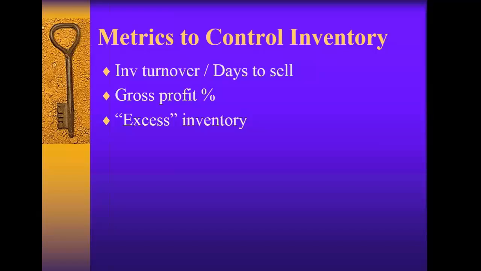Gross profit is sales minus cost of goods sold. Gross profit divided by sales is our gross profit percentage. This becomes important because we want to consider this on a period-to-period basis.